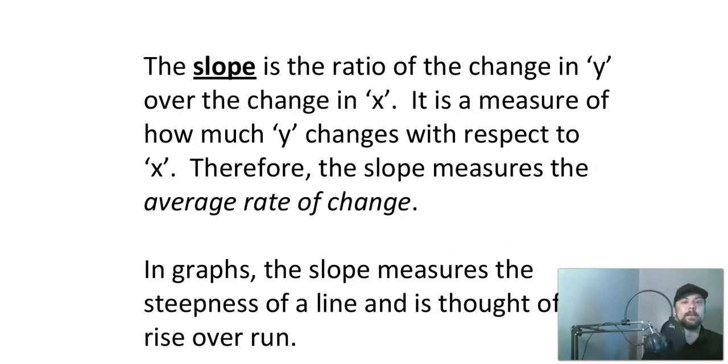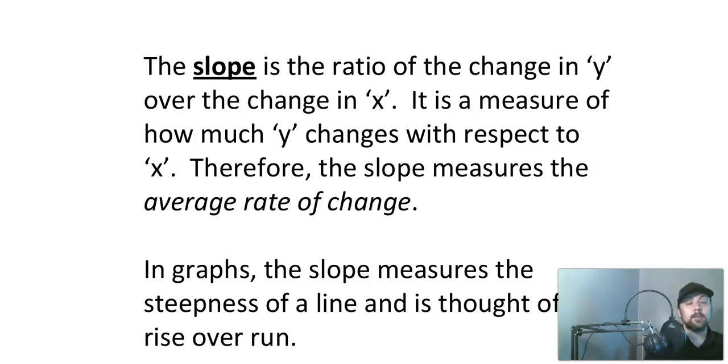So maybe sometimes you get 20 miles per gallon, other times you get 25 miles per gallon, other times you get 18, and we just average it out somehow, and the average rate of change is often used. And in that case, it becomes a linear equation when we simplify those slight variances by just using the average rate of change instead.